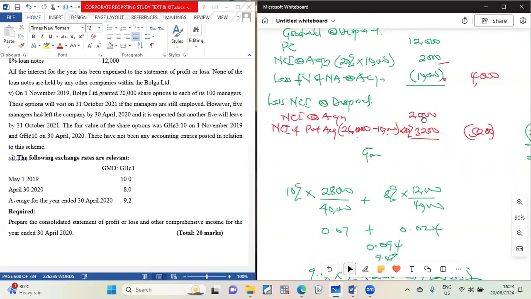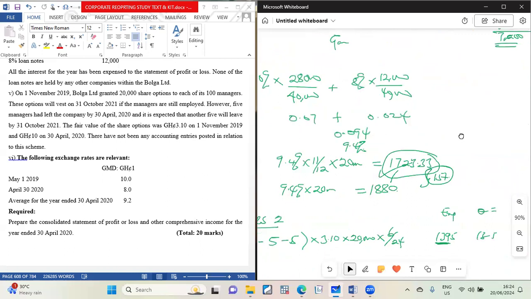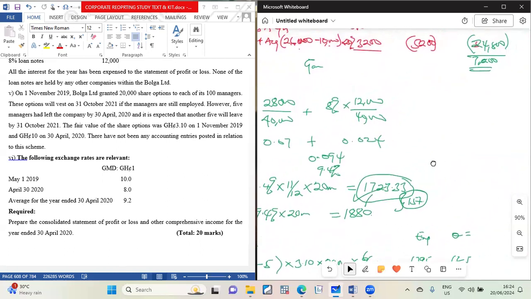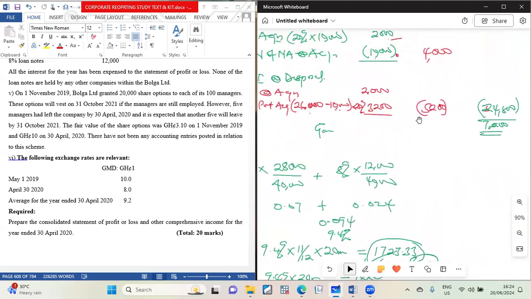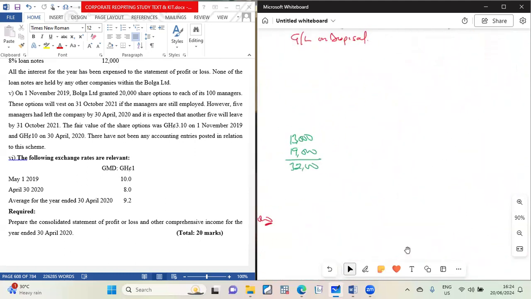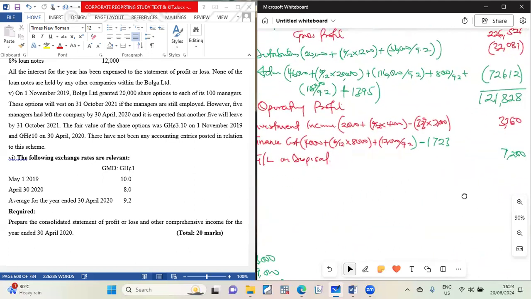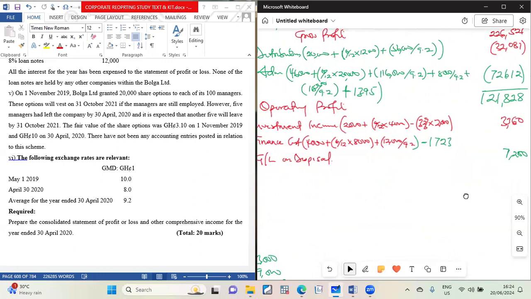This is done. This is done. All right. Okay. This one too, dealt with it. So that is it. I think that's the only thing. So let's just put in the figures. And we know our OCI items too.